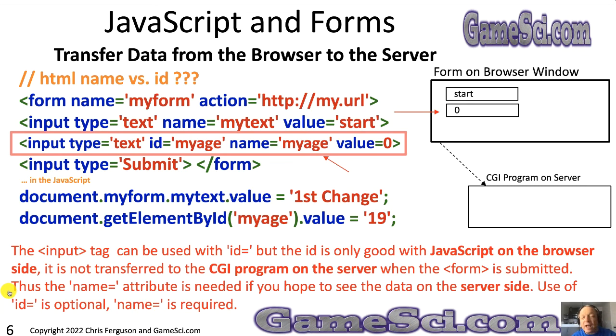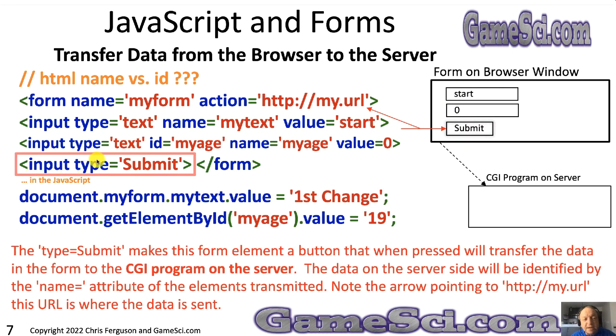Thus, the name equals attribute is needed if you hope to see the data on the server side. Use of the ID equals is optional, but the name equals is required. The important one is the name equals. This is the my age field on the form. It has an initial value of 0, and if you look closely, we put a 0 in that text box.